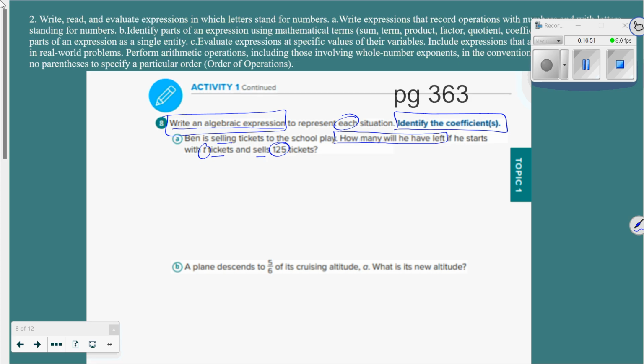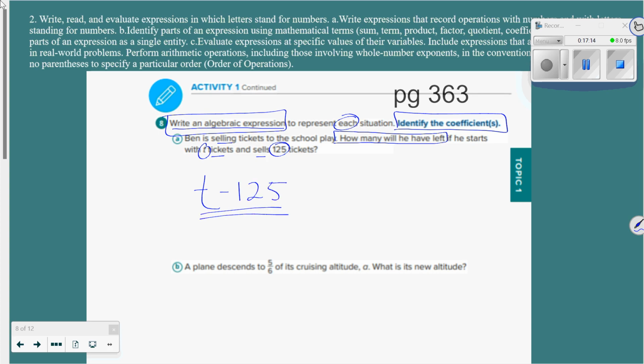Subtract. So then, if I'm subtracting, what you have to ask yourself is, what do I start with? T. It tells me it starts with T. Do I know what T is? No. But I can represent it. And what's happening to the T? Minus 125.